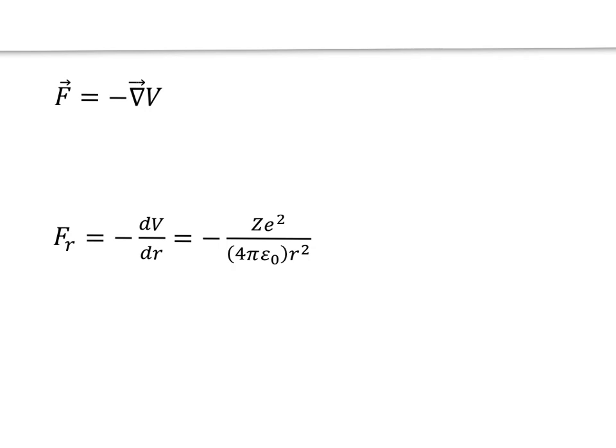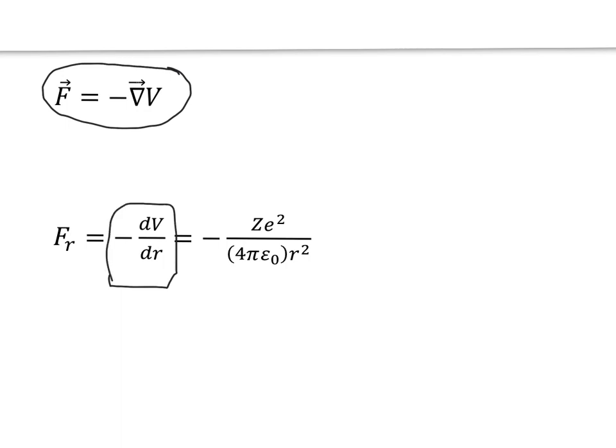Now the force that exists between these two particles, written as a vector, is the negative gradient of the potential energy. Now you can show, I will not do that here, but it should seem reasonable that the magnitude of the force, not its direction, is, just like in a one-dimensional problem, the negative derivative of V with respect to r.